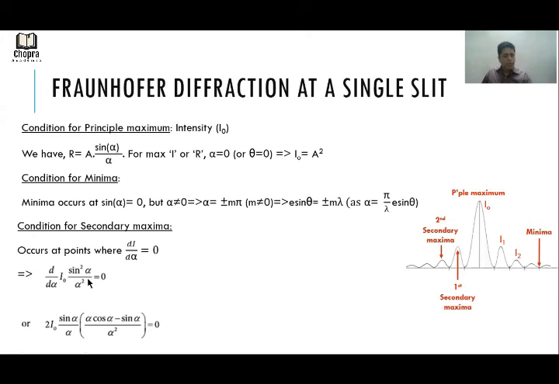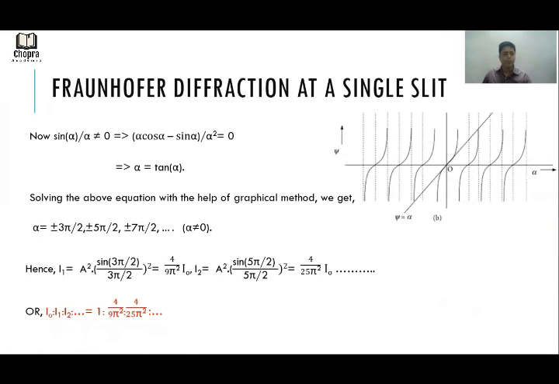So I use the division rule and I get this line, which is 2 I naught sine alpha by alpha into alpha cos alpha minus sine alpha by alpha square equal to 0.